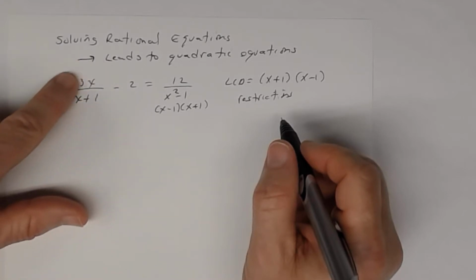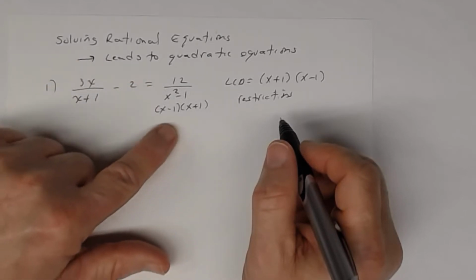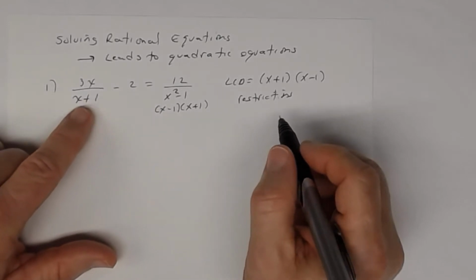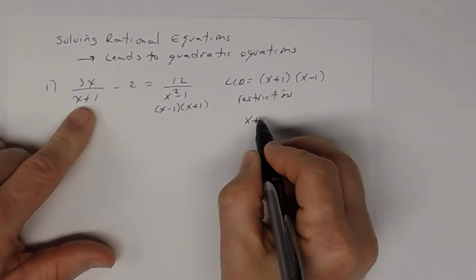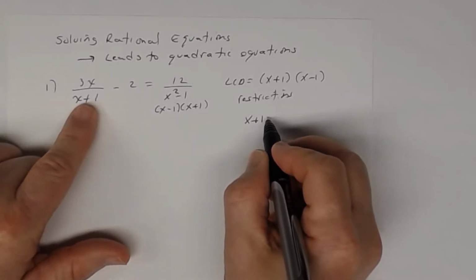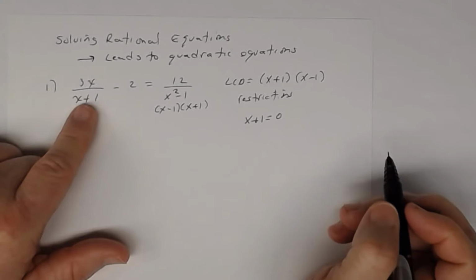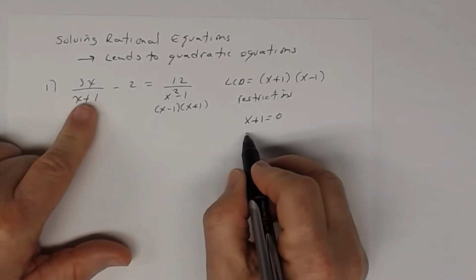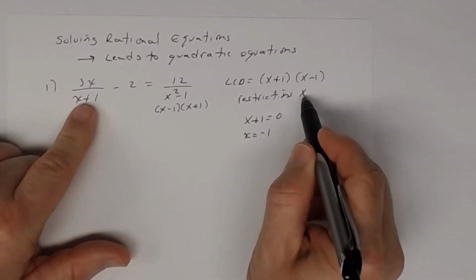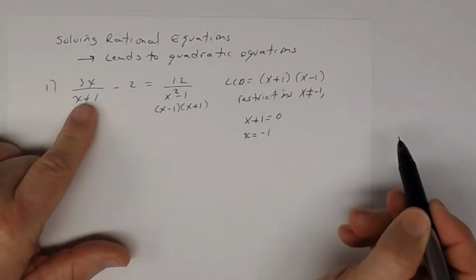Well, a rational expression is undefined when the denominator is 0. So all you have to do is look at the factors that are in the denominator. The first factor I see is x plus 1, and the question becomes, where is that equal to 0? Well, x plus 1 is equal to 0 when x equals negative 1, right? So there's one of my restrictions. So x cannot equal negative 1.